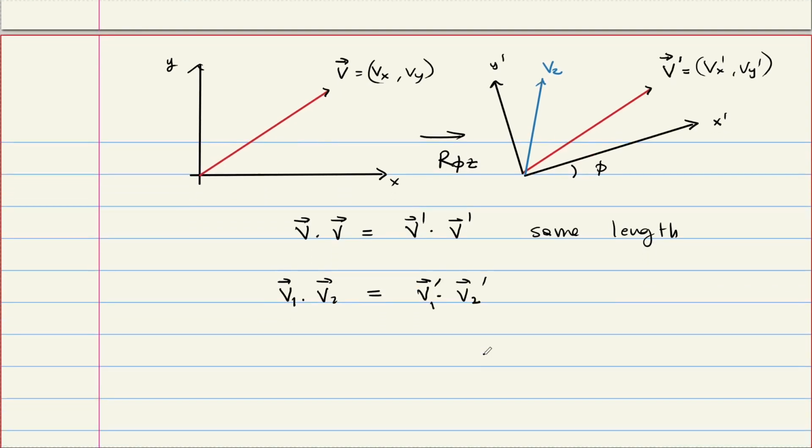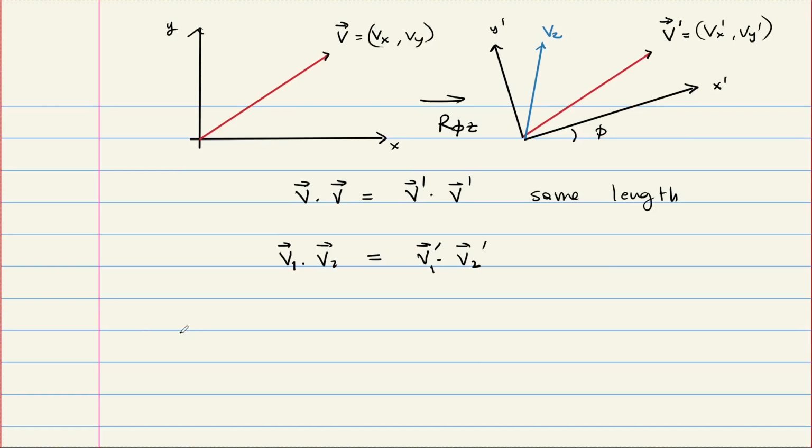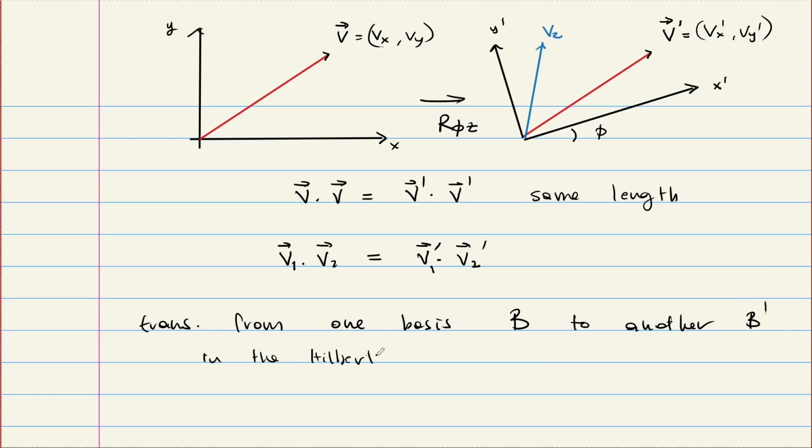So this is one particular transformation. In general, a transformation from one basis B to another, let's call it B prime, in the Hilbert space is called a unitary transformation.